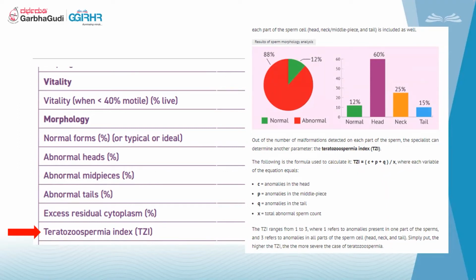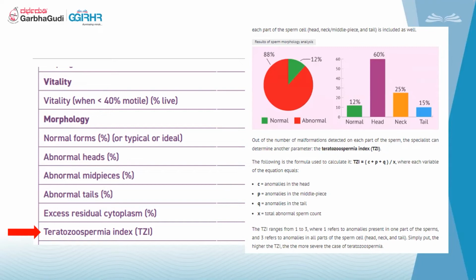So this TZI would give you a number ranging from 1 to 3. It refers to the anomalies present in one part of the sperm. So if a sperm is affected in its head, affected in the midpiece, and affected in the tail, that is a higher TZI. Or what we can say is most of the parts of the sperm are abnormal.